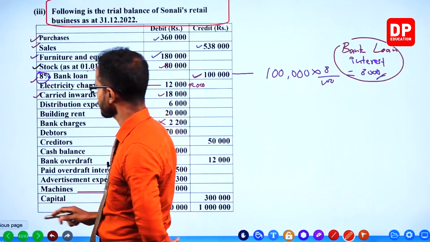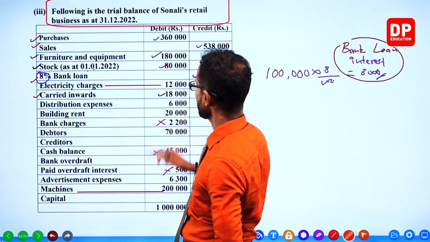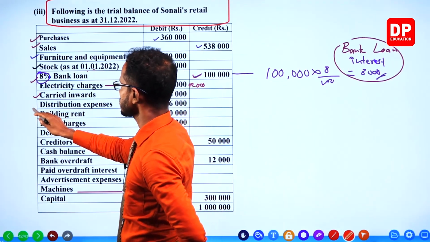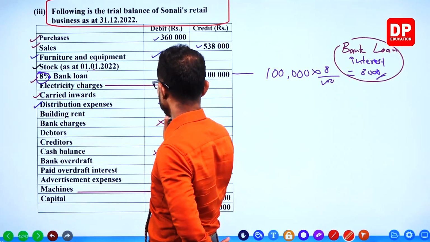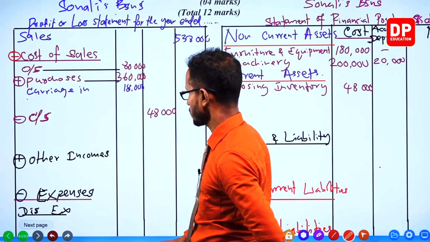That's it. 18,000 taken. Distribution expenses. We know the category distribution. Put that 6,000 here.